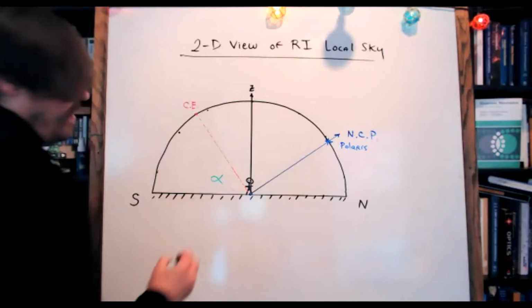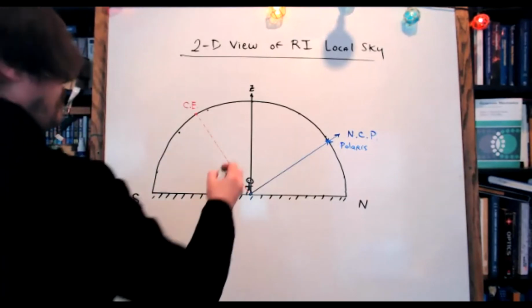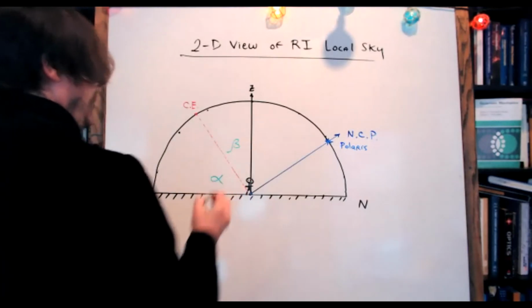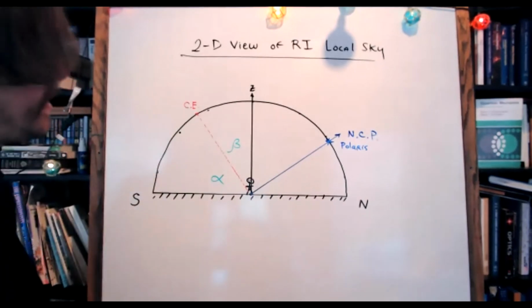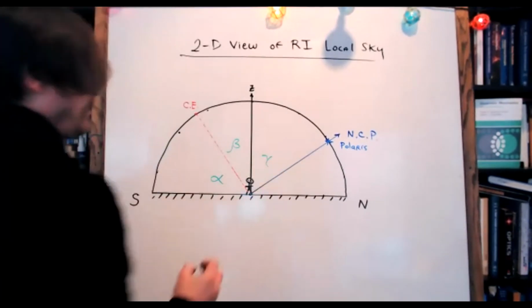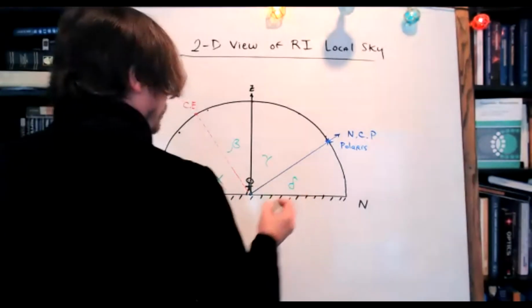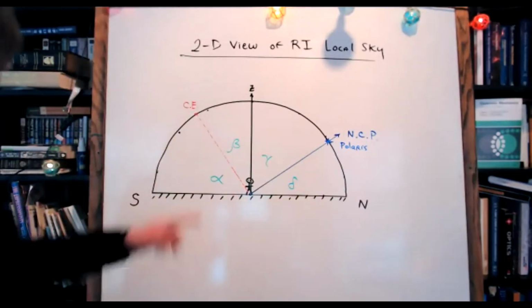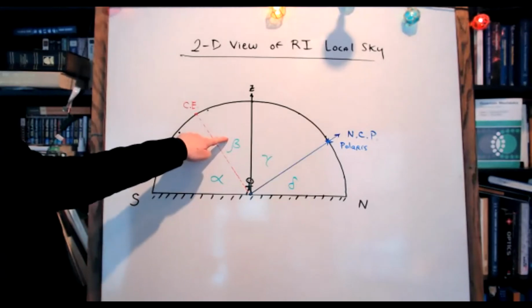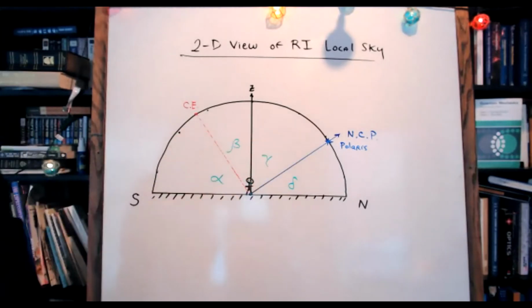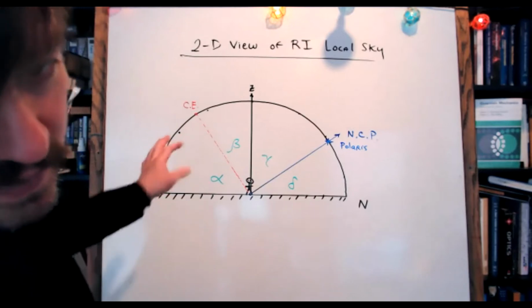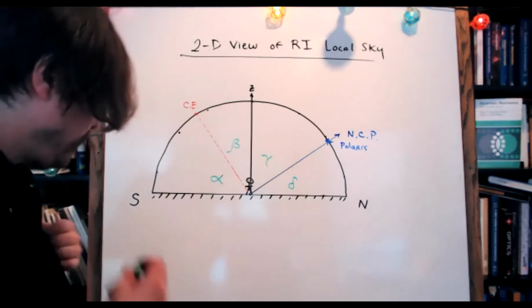So here's alpha, okay? Beta looks like a squiggly B. Gamma looks like a squiggly Y. And delta looks like a squiggly D. Alpha, beta, gamma, delta. First 4 letters of the Greek alphabet, and we're using them for these 4 angles.